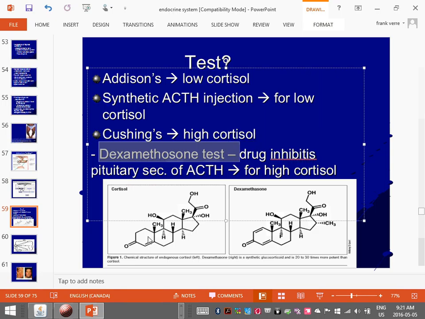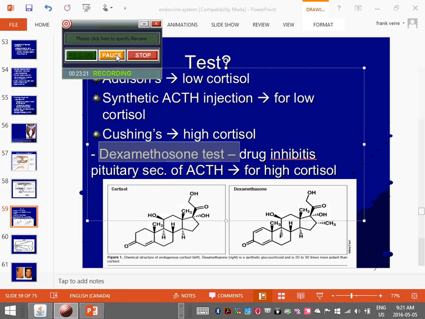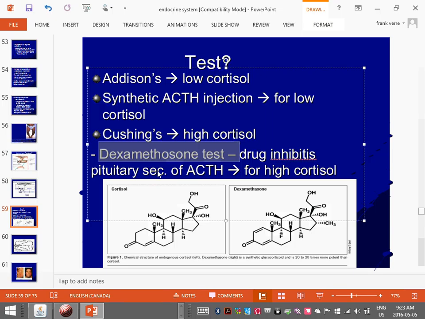Okay. Now, I want you to look at the structure of dexamethasone. What do you notice it looks like? There's a picture beside it. I purposely put the other hormone beside it.